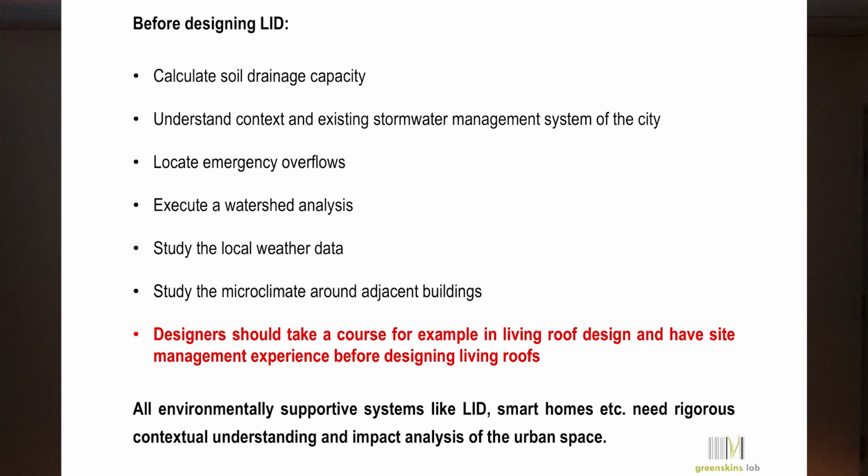Understanding the context in the existing stormwater management system, so if you do have something that overloads, we need secondary precautions for this. So it might predict that 100% is plausible, but still recognizing that you have to work within the framework of the city. Locating emergency overflows, executing a watershed analysis. As I said earlier, it's very important to understand the context beyond the site.